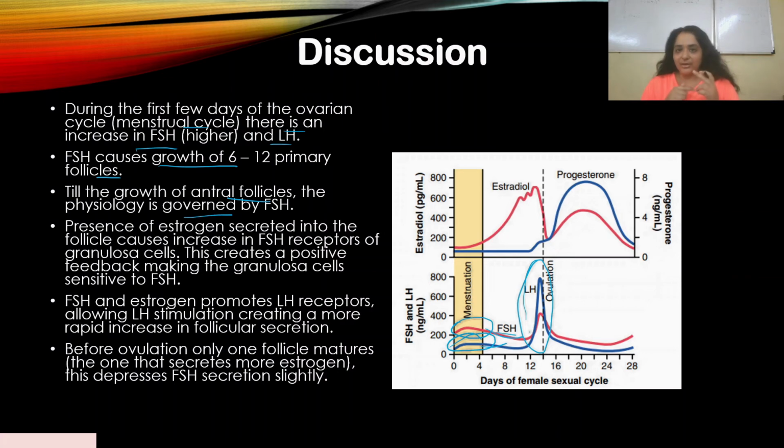When estrogen is there, FSH is there, they have a very positive effect on the anterior pituitary gland. They allow more FSH to secrete. At the same time, they increase the sensitivity to FSH by increasing the receptors on the follicle in the ovary. The presence of estrogen secreted into the follicle causes an increase in FSH receptors of granulosa cells.